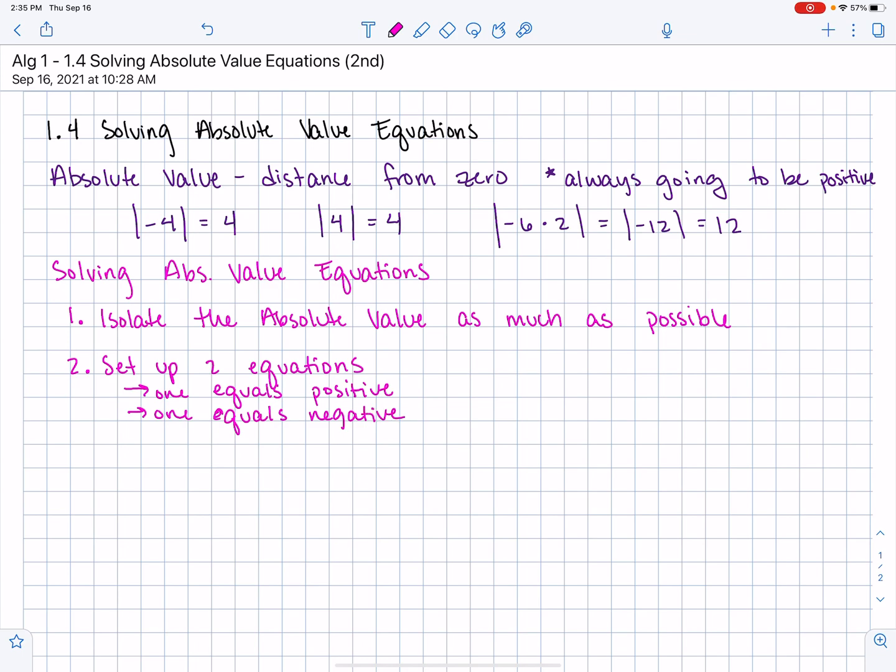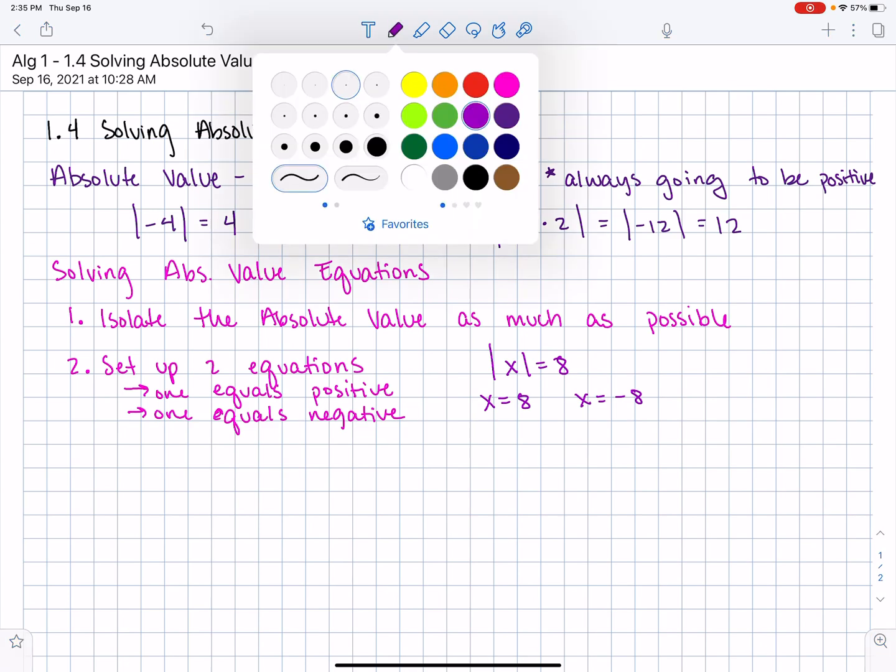And what I mean by that is that you could have the absolute value of x is equal to 8. So there's two different options here for x. We can have x is equal to 8 because the absolute value of 8 is 8, but you also have the option that x is equal to -8. So you want to make sure that you have the positive and the negative version of whatever is inside those absolute value signs.